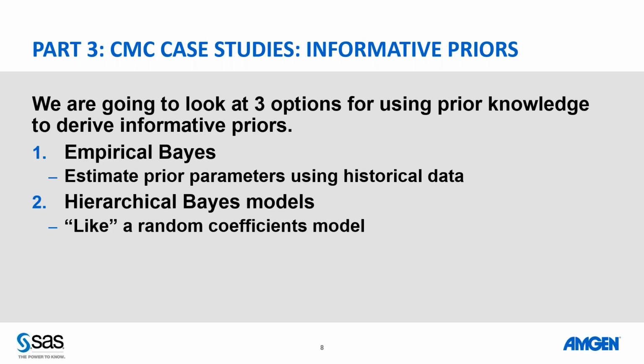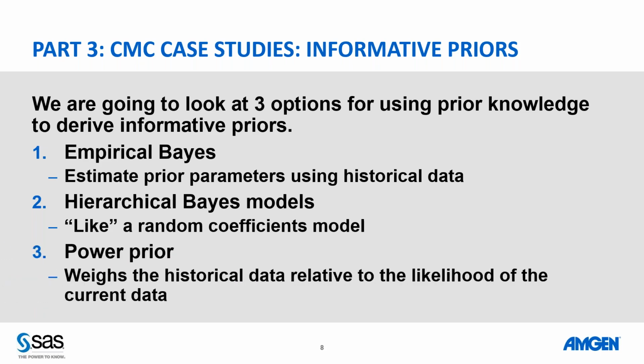The way I think about this is like a random coefficients model, and we'll spend some time explaining what a hierarchical model is. And the final one is the power prior. For me, it's a great way of combining information coming from different sources, and it allows you to weigh that historical information relative to the likelihood. So it's a nice way of combining the prior information with the likelihood.